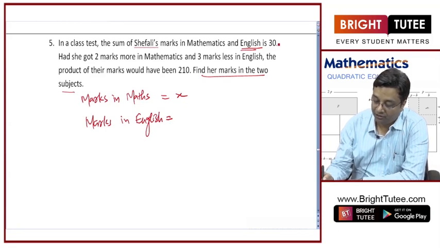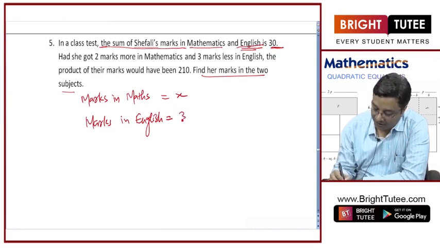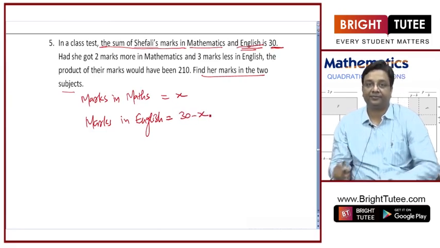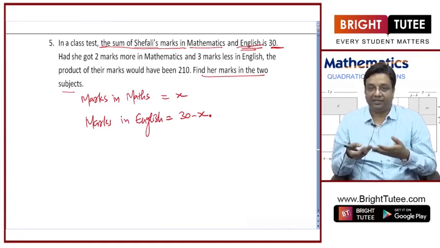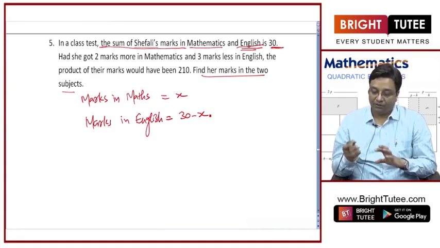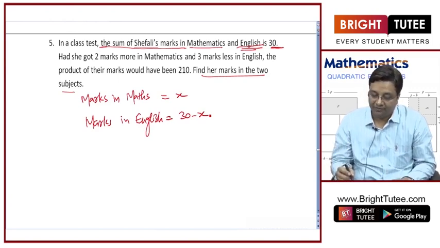What you can do is look at this statement: the sum of maths and English marks was 30. So you can take it as 30 − x, right? If marks in maths are x, marks in English will be 30 − x.